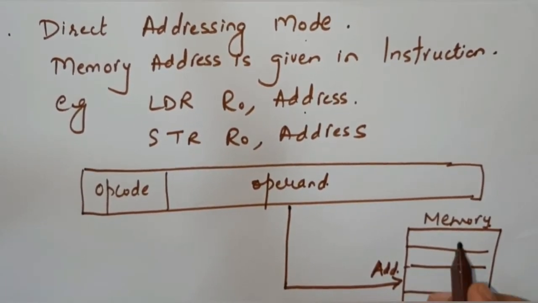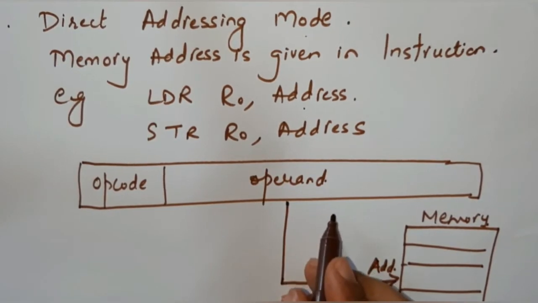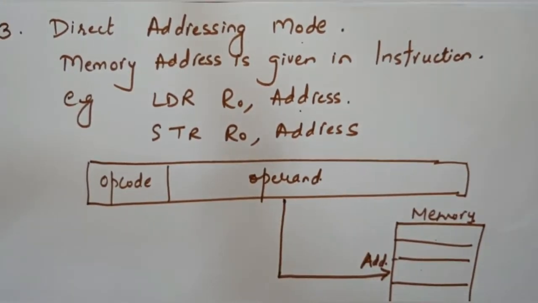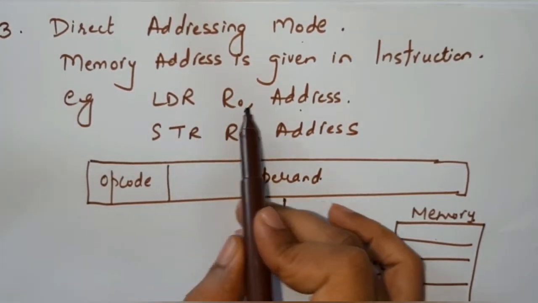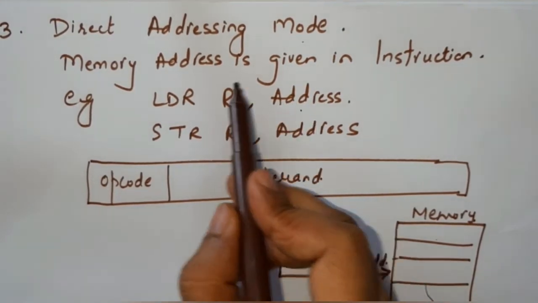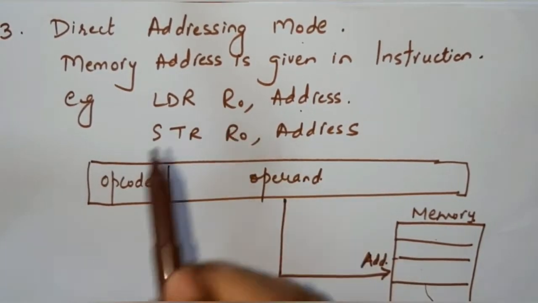So the data from this memory location will be transferred to the register R0. In the first example, LDR R0, address, the data from this memory location will be loaded to the register R0.